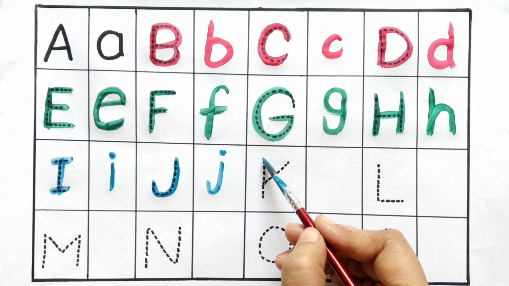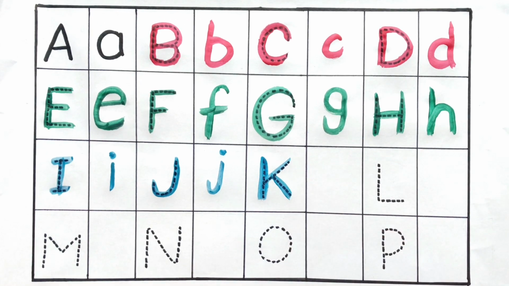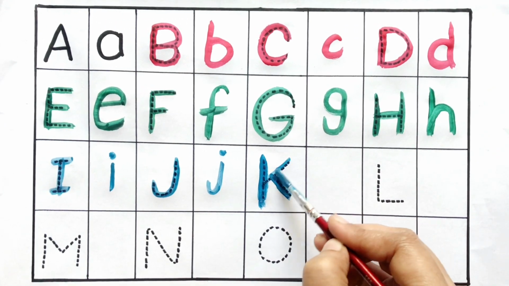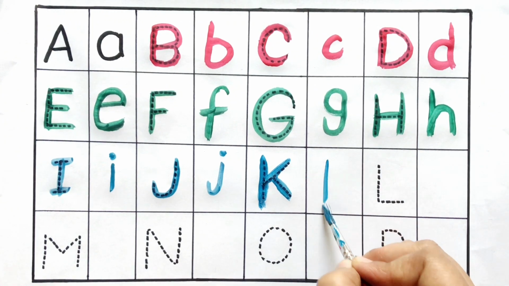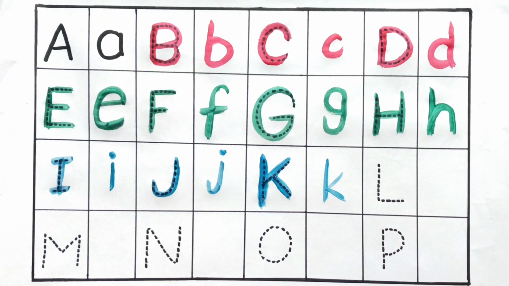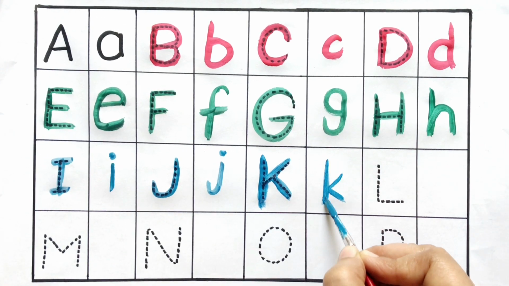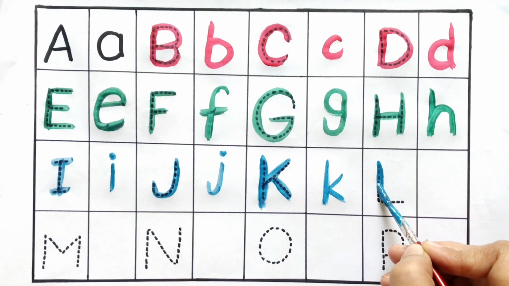And J for jacket. K for king. K for kite. L for line.